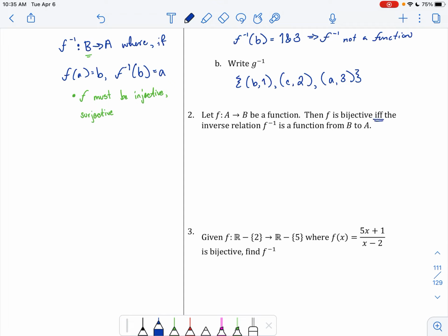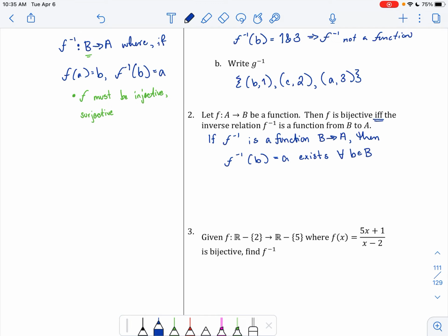So the idea is that if f inverse is a function, how do we prove that f is bijective? If f inverse is a function from B to A, then f inverse of b equals a exists for all b in B.